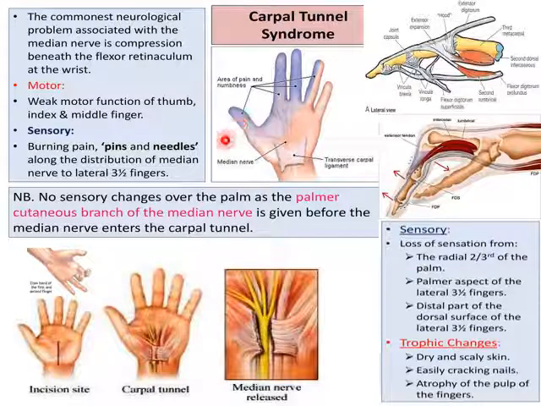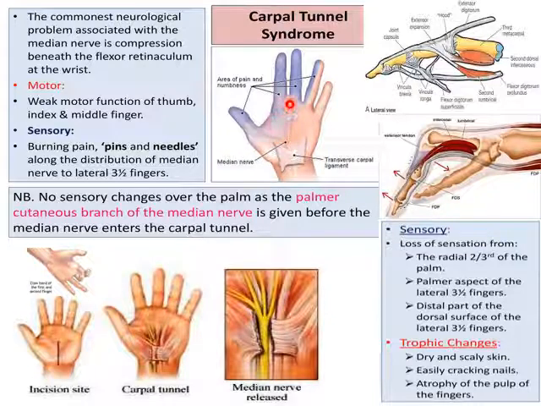There is loss of abduction of the thumb, there is loss of opposition of the thumb to the pulp of the other digits, and there is a weak flexion of the thumb because the flexor pollicis brevis, the deep head, is supplied by the ulnar nerve. There is unopposed action of the adductor pollicis because it is also supplied by the ulnar nerve. So that is all the motor effects that are seen.